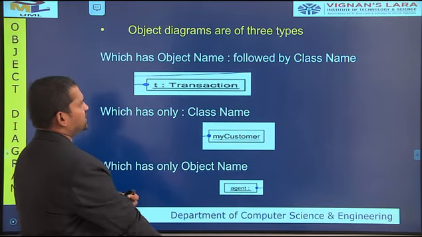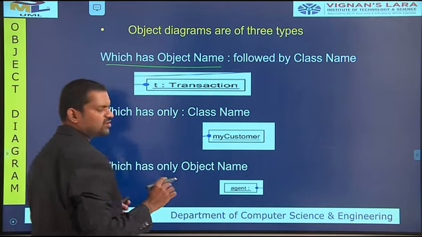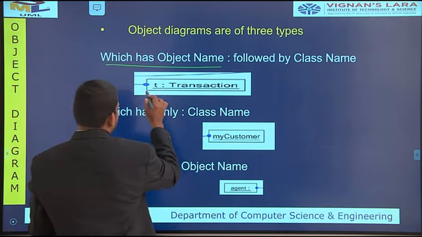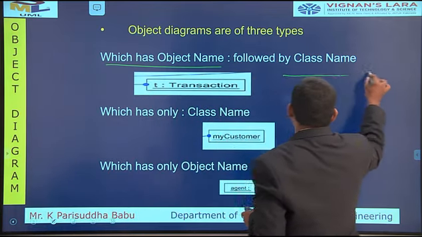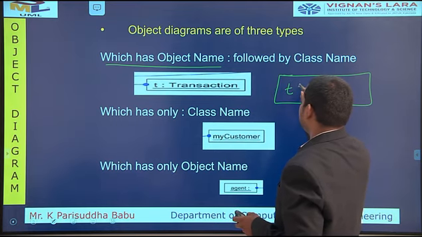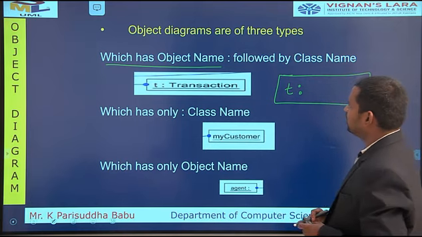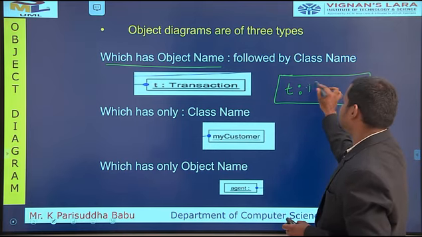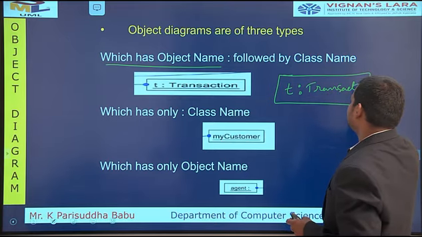The first type has an object name followed by a class name. See this structure. If you give the name, this is object T, followed by the class name Transaction.